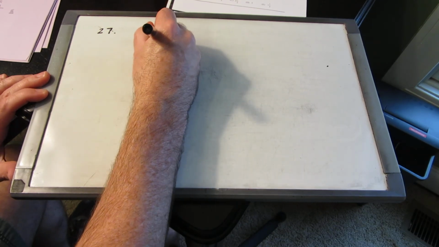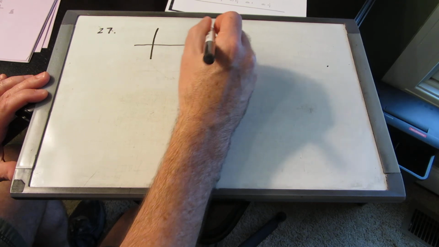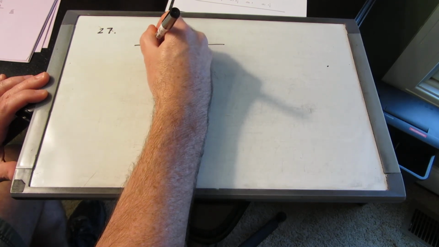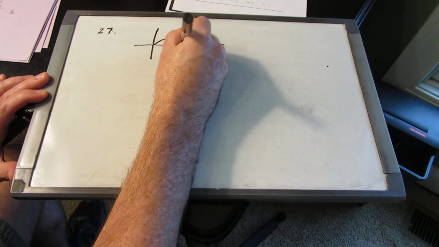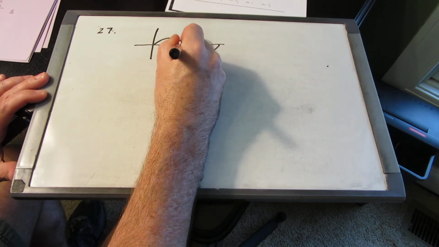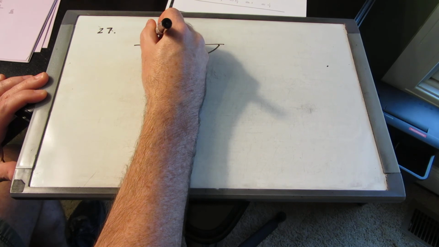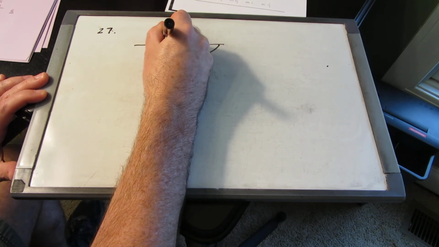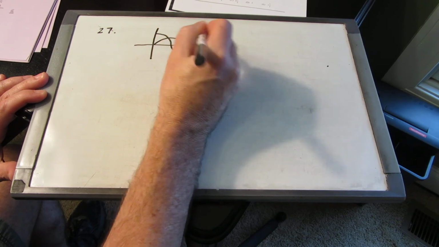Well, in order to get this one, you got to remember what the graph of sine and cosine is. So the graph of sine goes like this. Okay, so you don't have your calculator during this part. Okay, and this is pi right here. Graph of cosine starts up here, goes down, and it crosses, cosine is 0 at pi over 2.